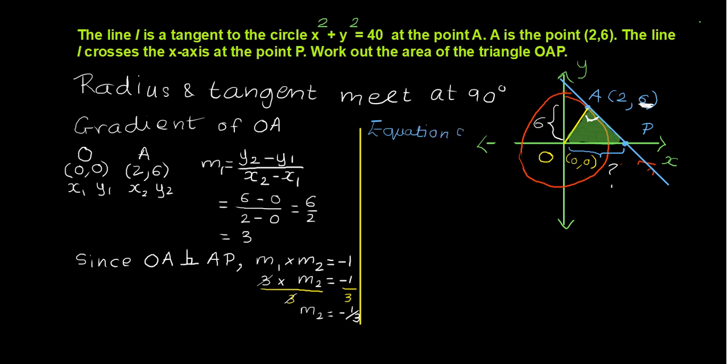Now I need to find the equation of AP so that I can find the coordinates of the point P. And once I've done that, then I can find my horizontal distance, and I can do base times height divided by 2. Okay, so that's the next phase of the question, the equation of AP. So we know the equation of a straight line is y equals mx plus c.